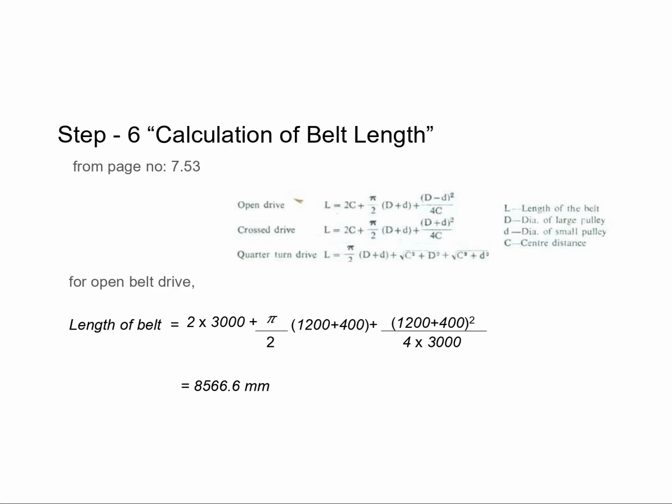For our case, for open belt drive, length of the belt equal to 2 into 3000 plus pi by 2 into 1200 plus 400, plus 1200 minus 400 whole square divided by 4 into 3000. That will be equal to 8566.6 mm.